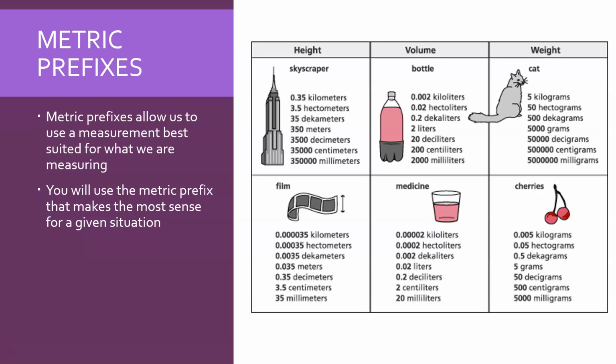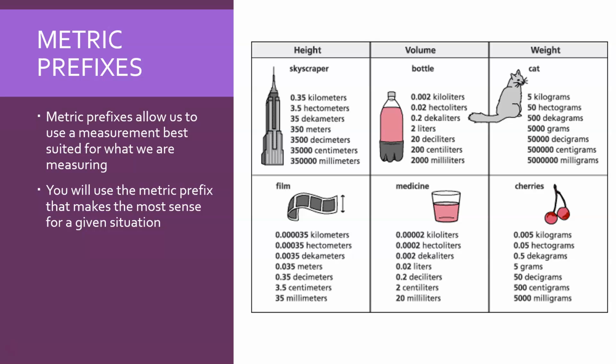For example, you would never say that a skyscraper was 350,000 millimeters tall. That sounds ridiculous. But saying that it's 350 meters or 35 decameters tall sounds perfectly good. Similarly, it would sound weird to say that a cat is 5,000 grams when you could say that that cat is 5 kilograms.